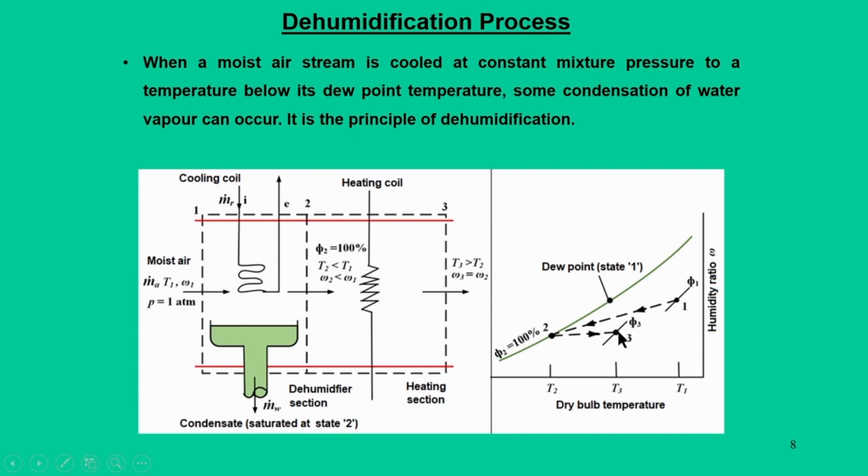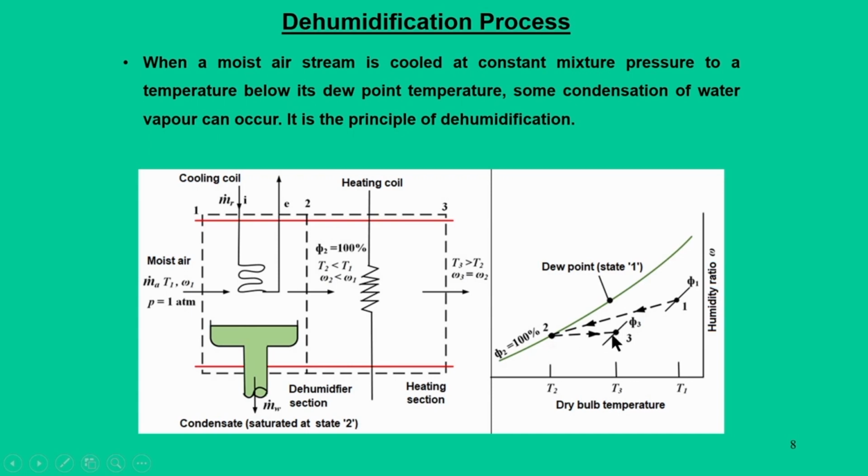So, one way is to bring state 1 down to the saturation curve, where we remove all the condensate, and then subsequently heat to reach the desired state.